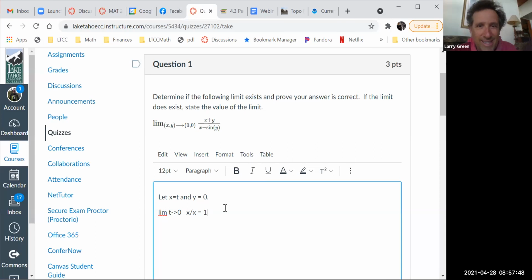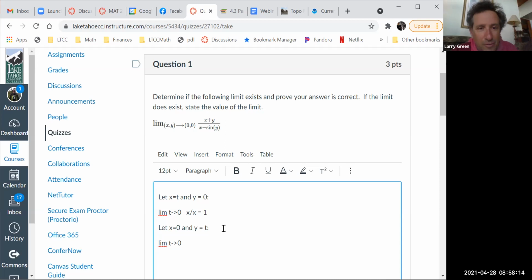Any questions on that? Okay, let's let x equal 0 and y equal t. So we take the limit as t approaches 0.